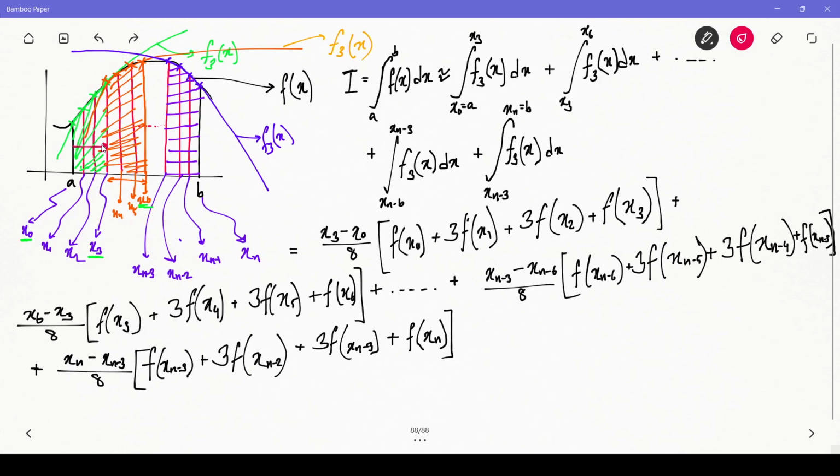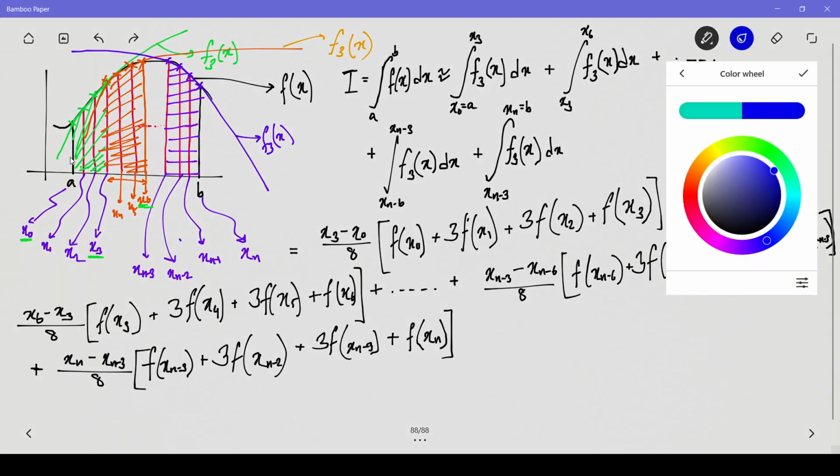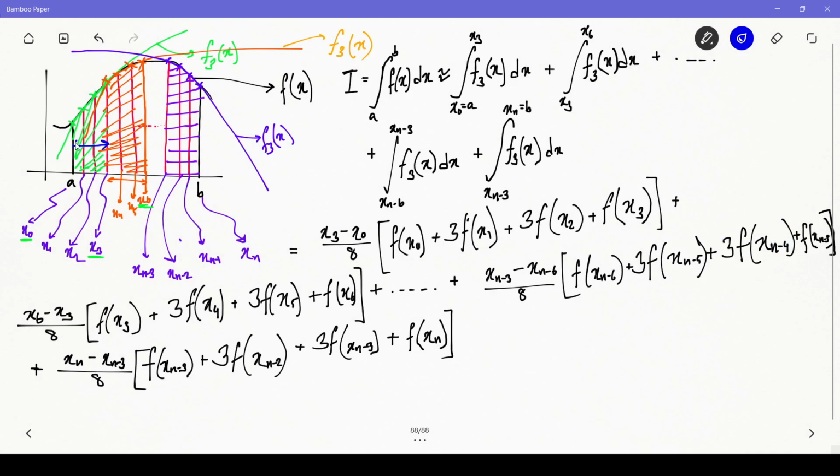So the distance between x0 and x3 is 3h. So we can generally write it as xi minus xi minus 3, where i is for sure a value that is divisible by 3, will be 3h, right?